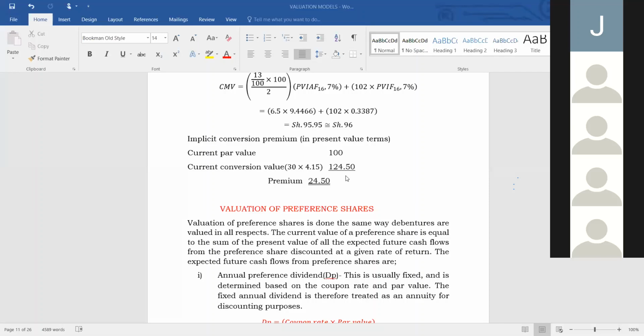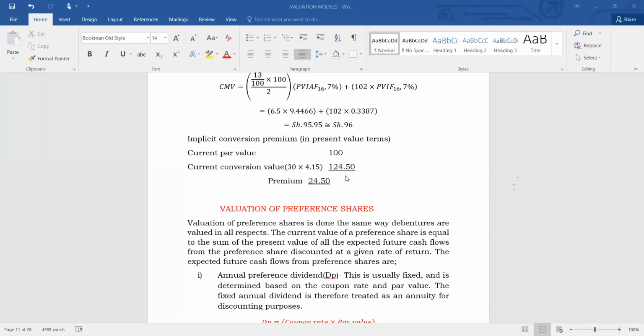Since a preference dividend is fixed, it is treated as an annuity cash flow for discounting purposes, the same way interest is treated as an annuity cash flow. We could also have redeemable preference shares and irredeemable preference shares.